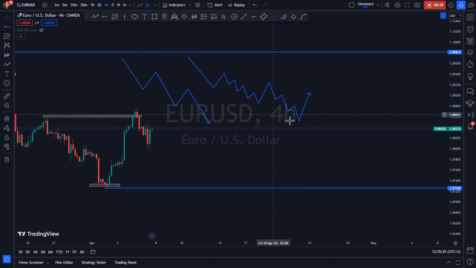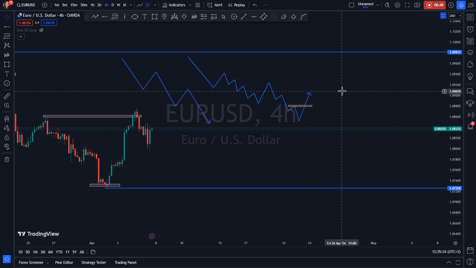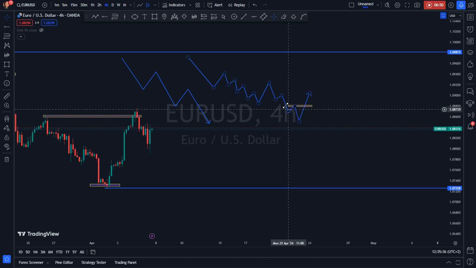So in this case right now, when the market does a break of structure of this point right here, it's also a sign that okay, now this might be the end of this impulsive move.